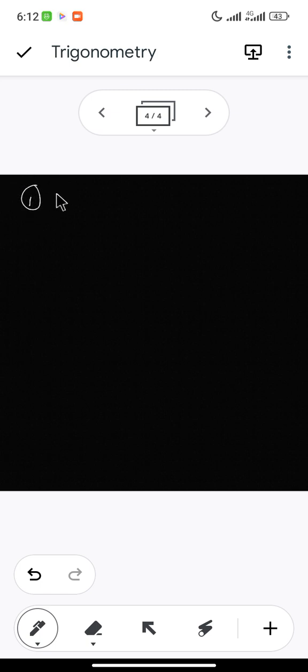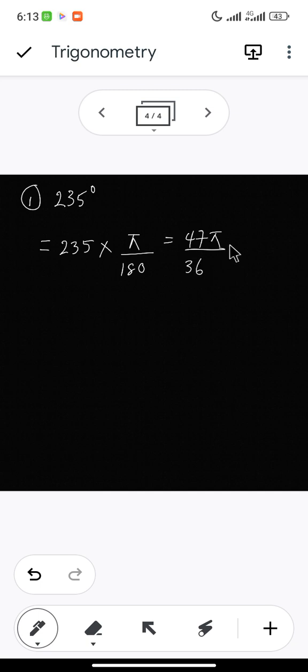Let's say we have to convert 225 degrees to radian. So this is very, very straightforward. You just go this way: 225 multiplied by pi over 180. This gives us 5 pi over 4 radian. You can leave your answer this way, or you can convert to decimal, which is going to give you 3.927 rad.